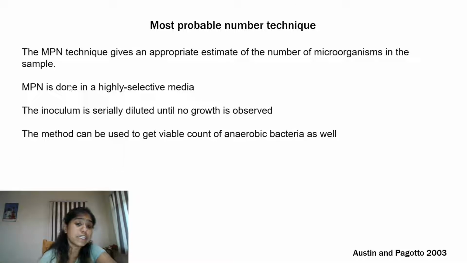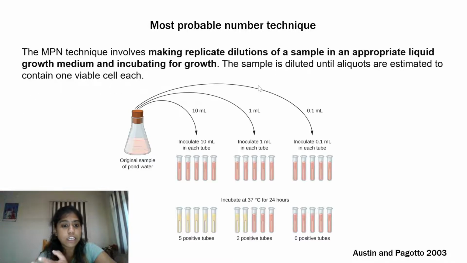And most importantly, this technique can also be used for counting the number of anaerobic bacteria as well, because this technique does not involve aeration. We can grow these cells under anaerobic conditions and still get an idea about the total number of microbes.